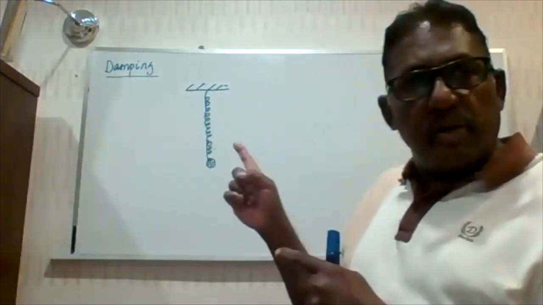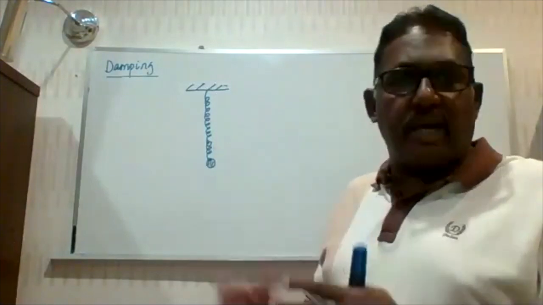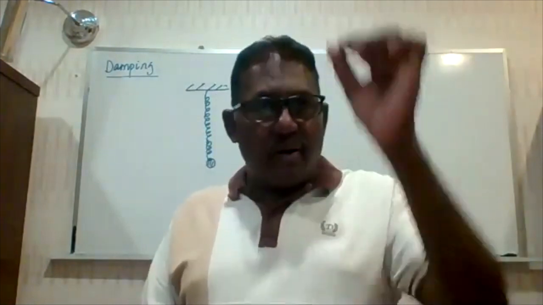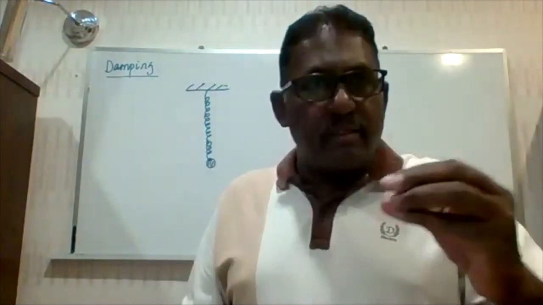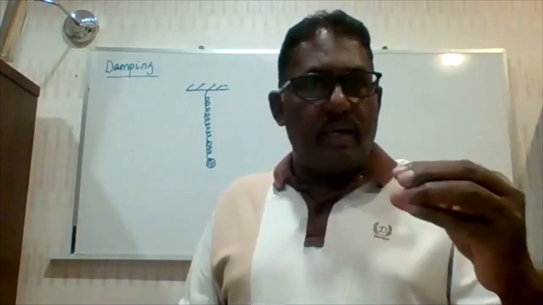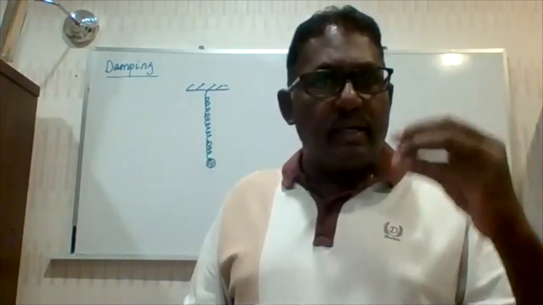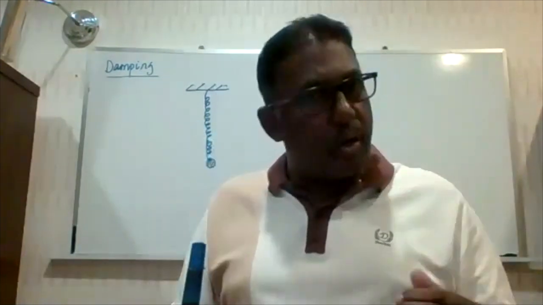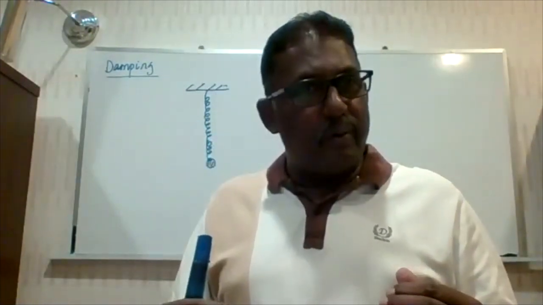So the system stopped because it lost energy. That means as the system is oscillating, little by little, gradually, energy is lost until finally all the energy is lost and the system comes to a stop. Can you follow?